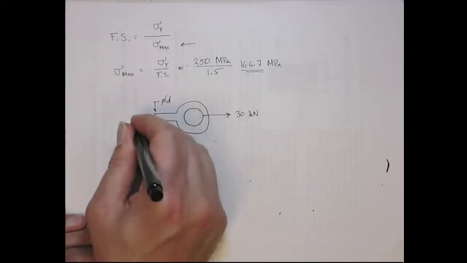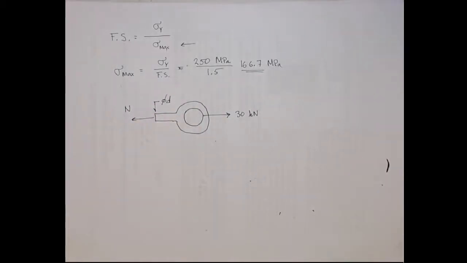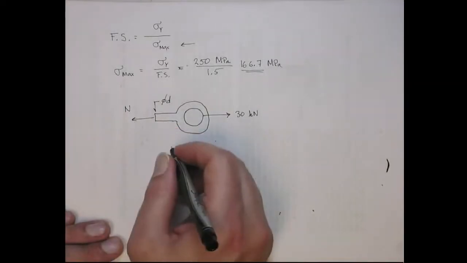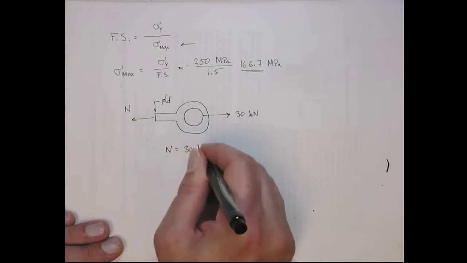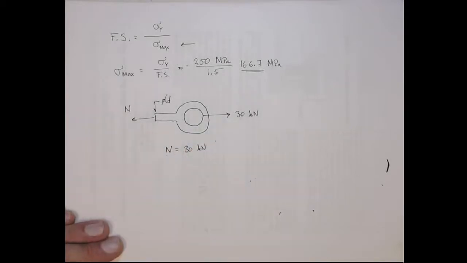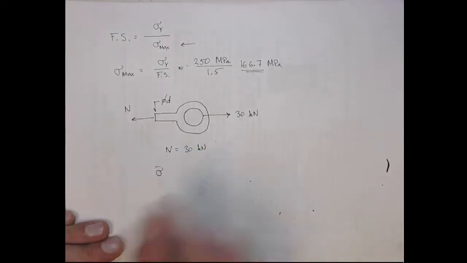We have an equal and opposite internal normal reaction force. So in this case, you can do sum of forces, and you find out that N has to equal, obviously, 30 kilonewtons.